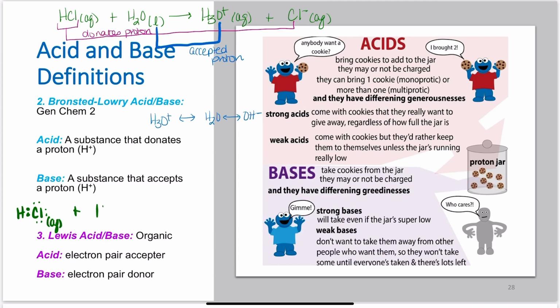We react this with water. We form the chloride ion and the hydronium ion.